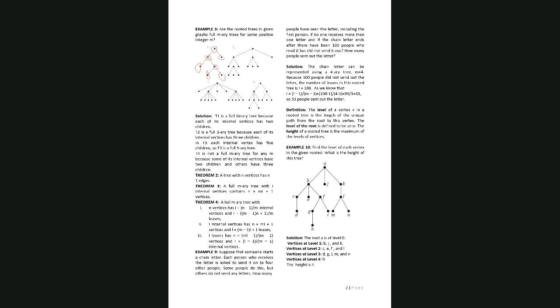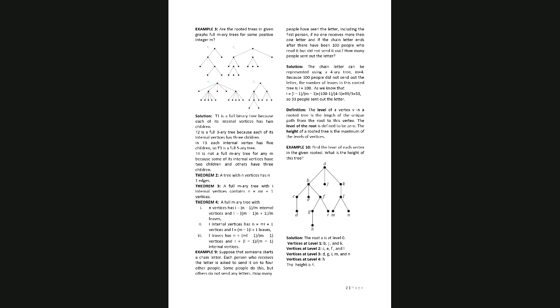How many edges does it have? 1, 2, 3, 4, 5, 6. What does this mean? If a tree has seven vertices, it has six edges. So if the graph has n vertices, then it has n minus 1 edges. The number of edges is one less than the number of vertices.